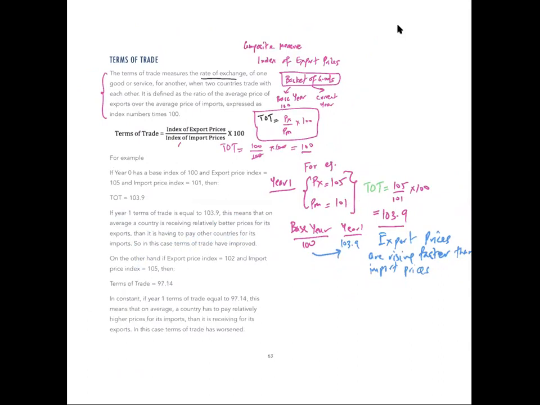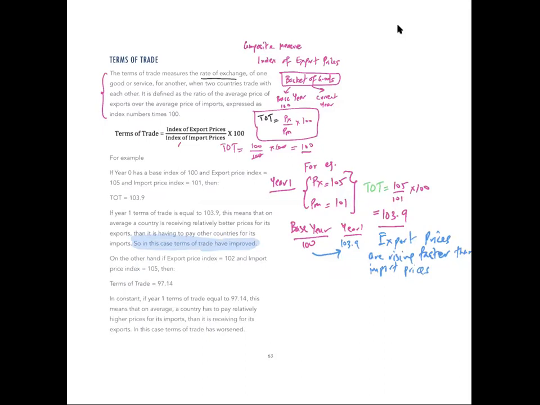So if the terms of trade has gone up above 100, we say that the terms of trade have improved, simply because the terms of trade has gone above 100. Do you guys get that? Is there any question before we move on?